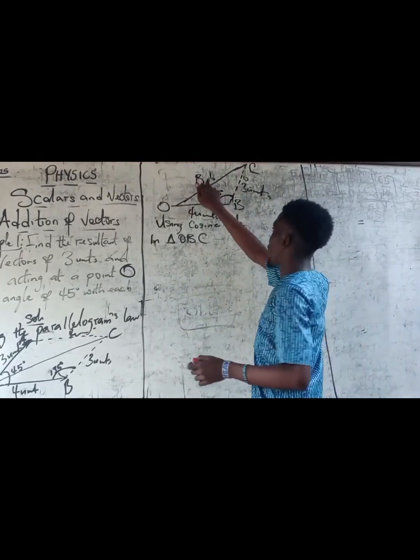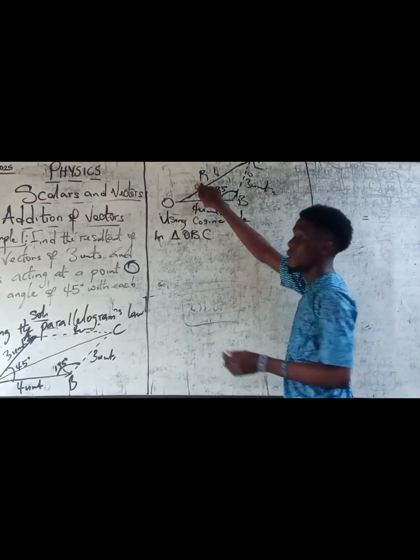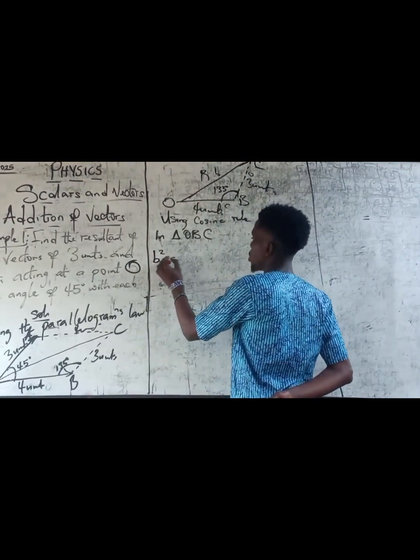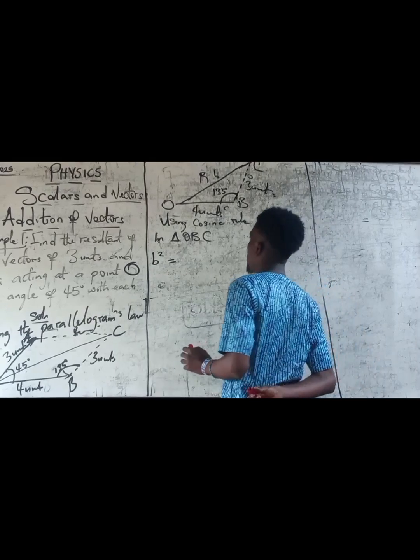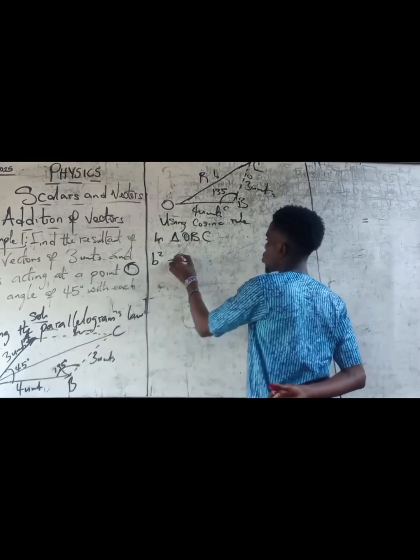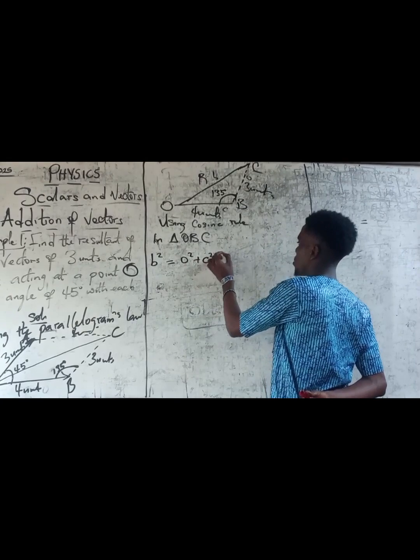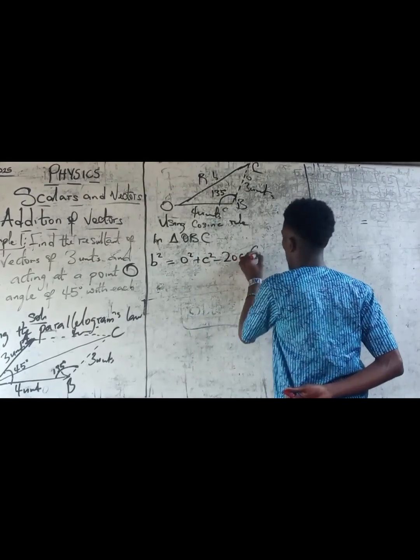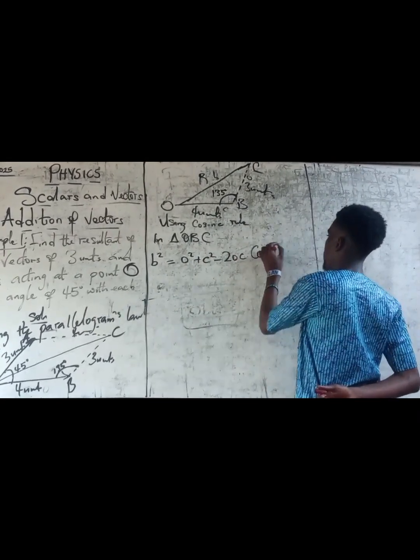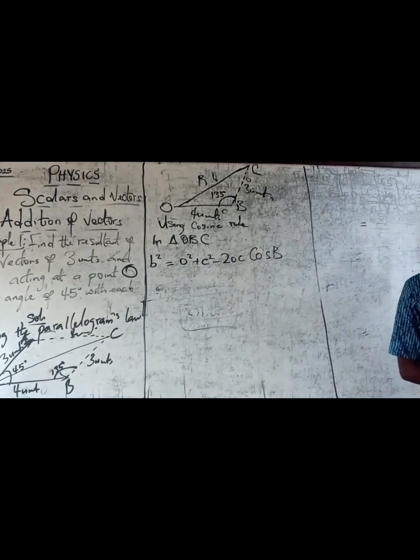Since I'm looking for length B, which is the same as R, I can say B squared using cosine rule is equal to O squared plus C squared minus 2OC cos B. So this is cosine rule.